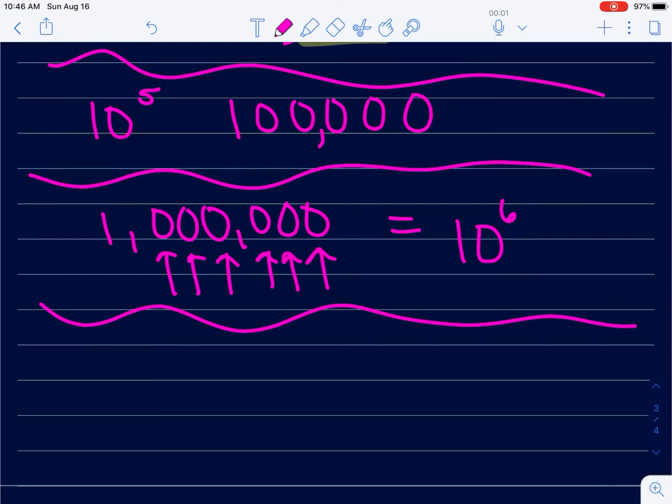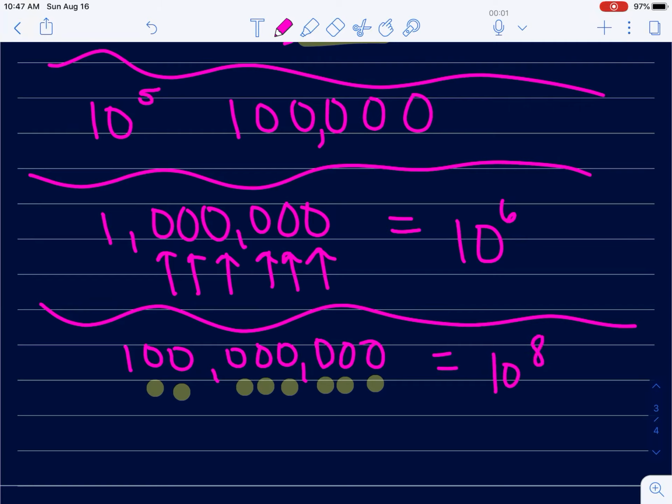Okay, let's say it's 100 million. Let's make it tougher. So again, you're going to count 1, 2, 3, 4, 5, 6, 7, 8 zeros, so that would be 10 to the 8th power. 100 million. Okay, keep practicing and make sure you ask lots of questions when you're confused.